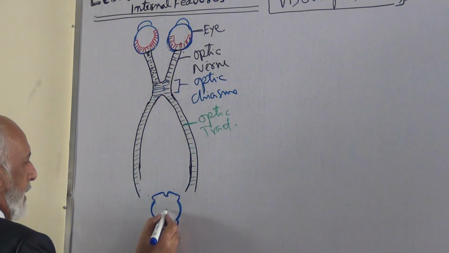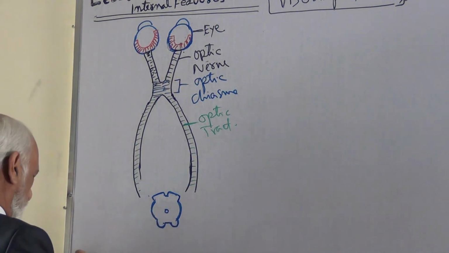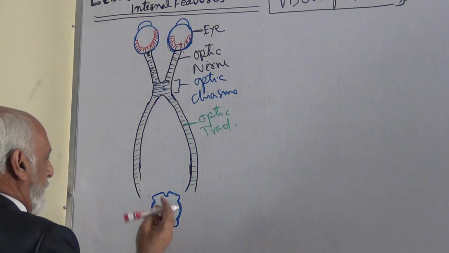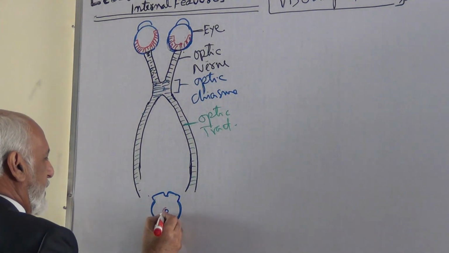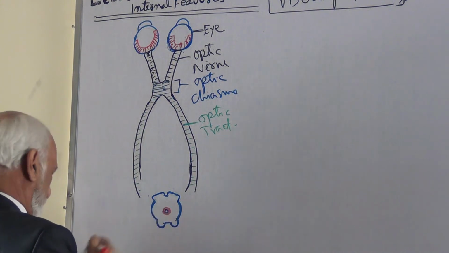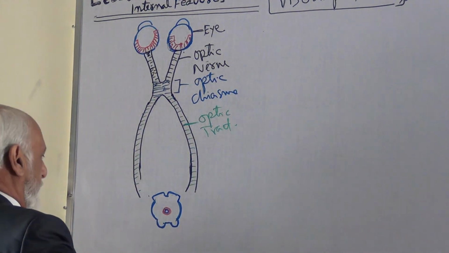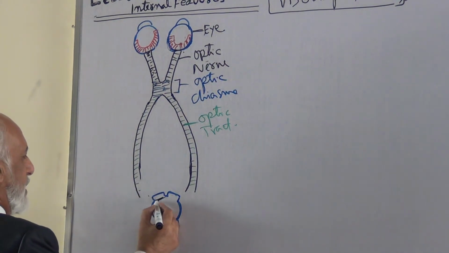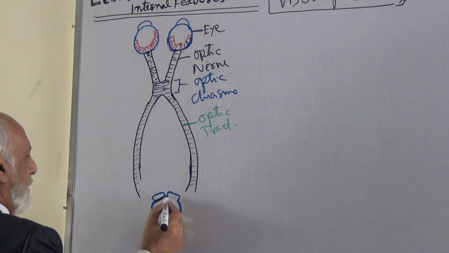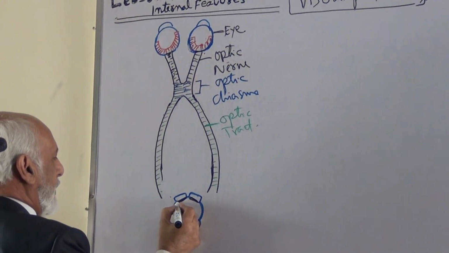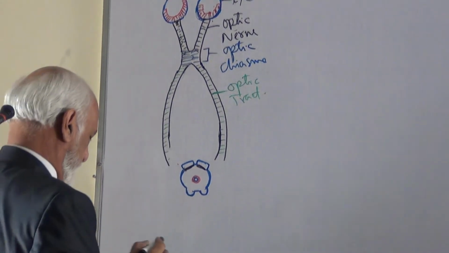These are the colliculi. This is the cerebral aqueduct surrounded by central gray matter. These are the two crus cerebri, and this is the substantia nigra. So, a section through the midbrain.